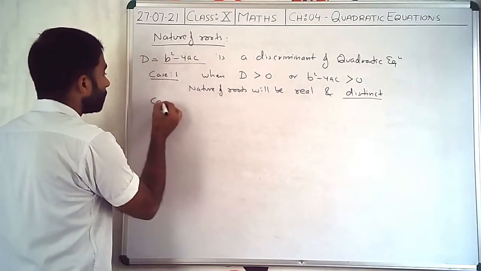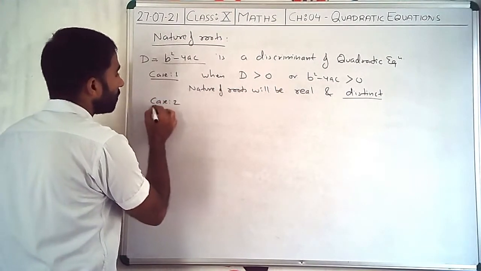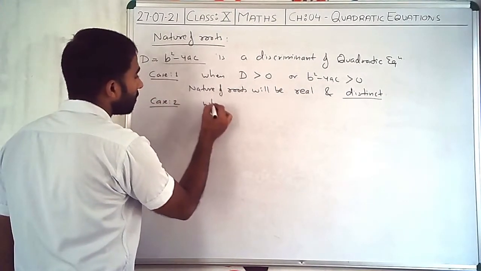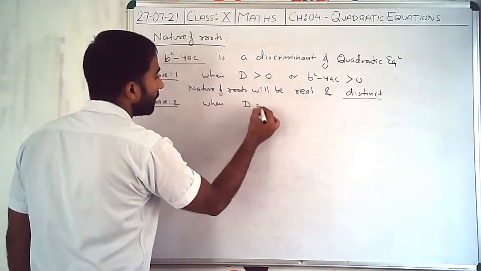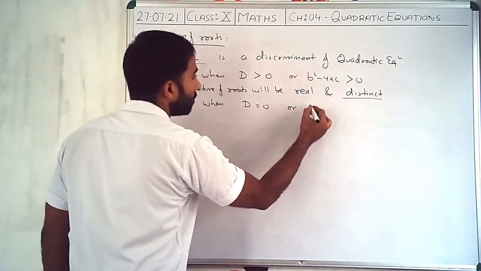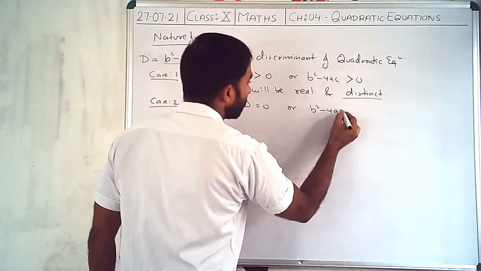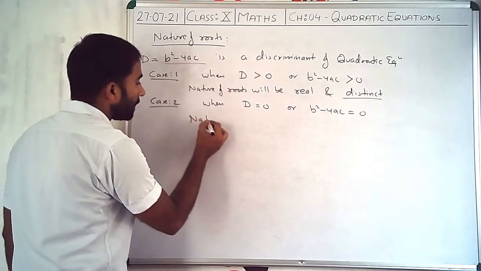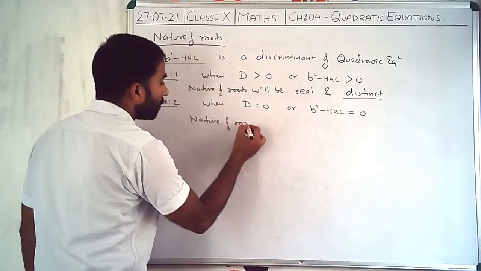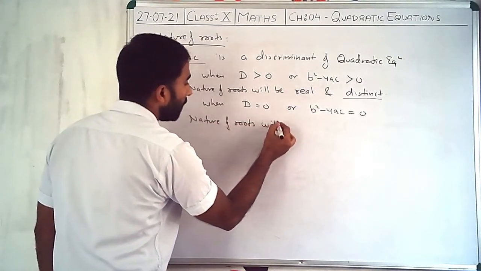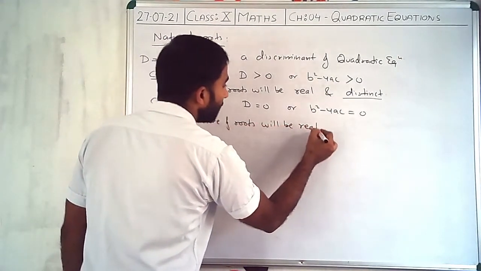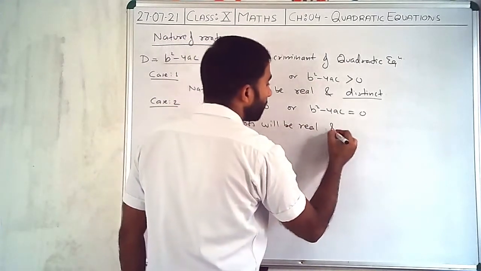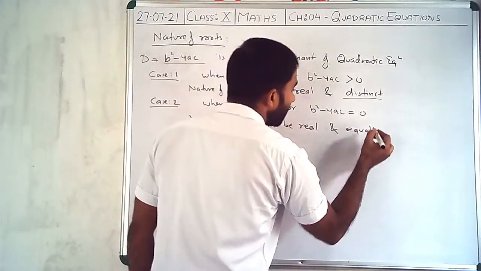Case 2: when D is equal to 0, or b square minus 4ac is equal to 0, then the nature of roots will be real and equal. Real and equal.